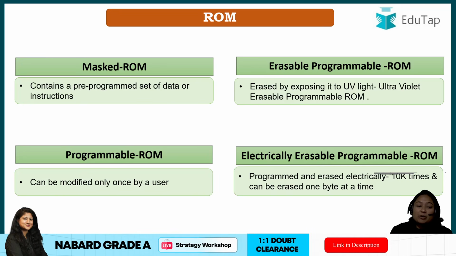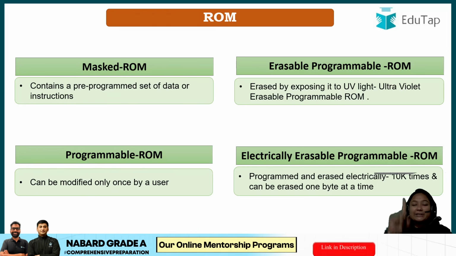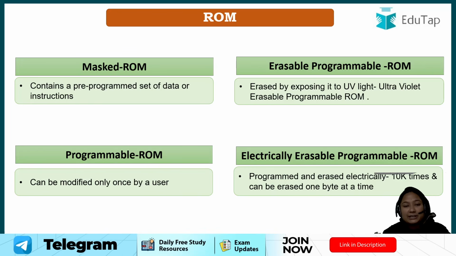Now we also have PROM, programmable ROM. You can modify the data only once. Once the data is programmed, you cannot refresh it again and again, but yes, once you will get the chance to refresh it. Next we have EPROM, erasable programmable ROM. Erasable means you can delete.